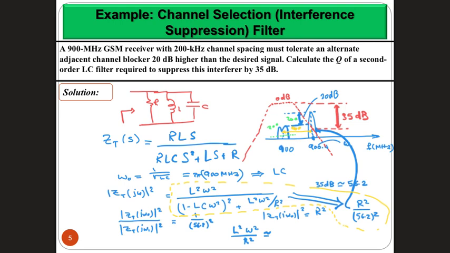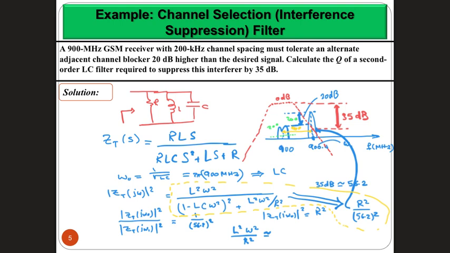I have to notice that I can get rid of this whole term by replacing it with values, because I know the value of LC, as I mentioned here, and I know the frequency that I'm working at. It's 900.4, so I can get this to be a number. Then accordingly I end up with L squared omega squared over R squared up here, move it to this side, and I also have L squared omega squared over R squared.